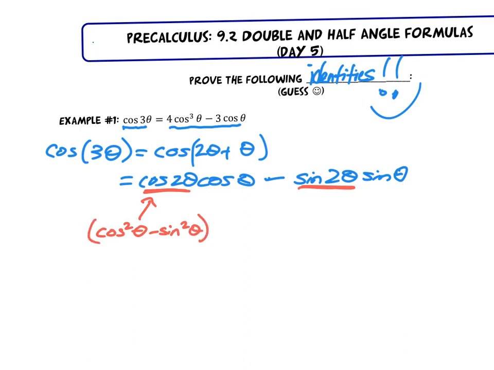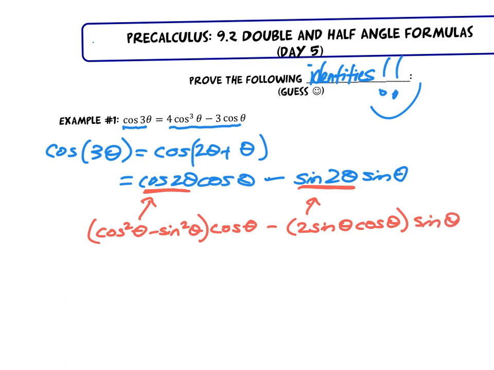And then I have the cosine theta next to it. We know that the sine of 2 theta, according to our double angle formulas, is 2 sine theta cosine theta. And then it's times the sine theta.